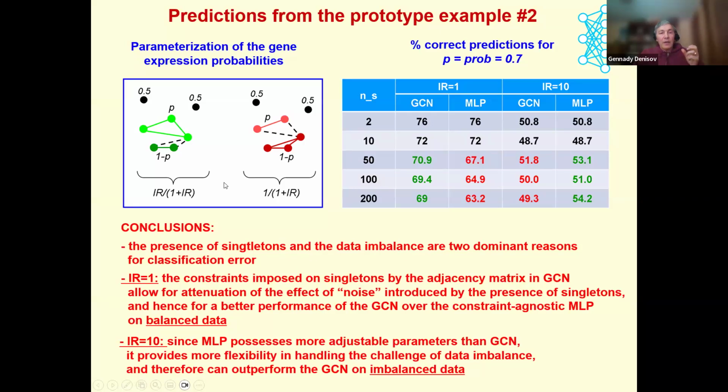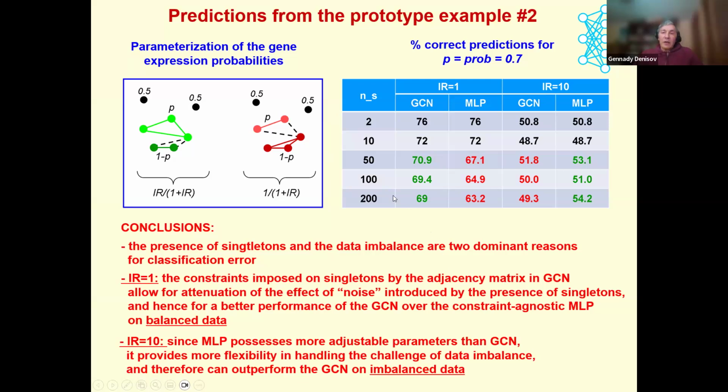The graph convolutional network does not include connections between singletons and other genes, and therefore the noise is attenuated in the graph convolutional network, whereas in the constraint-agnostic multi-layer perceptron, everything is connected. All the genes, including singletons, are connected, and therefore it produces noise, contributing to the error of the prediction.